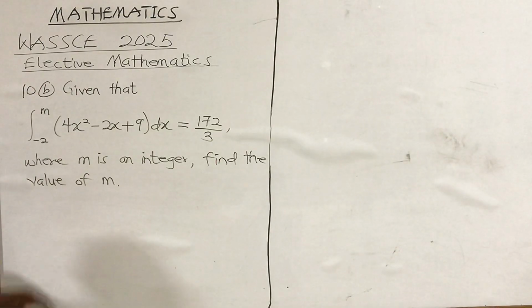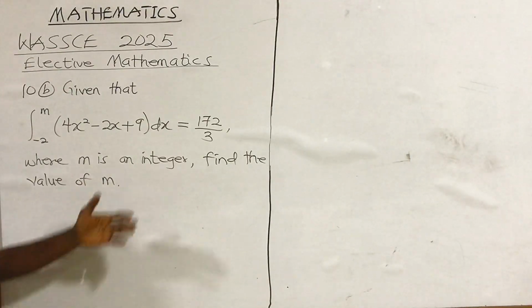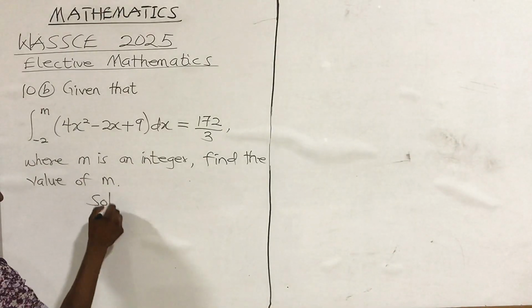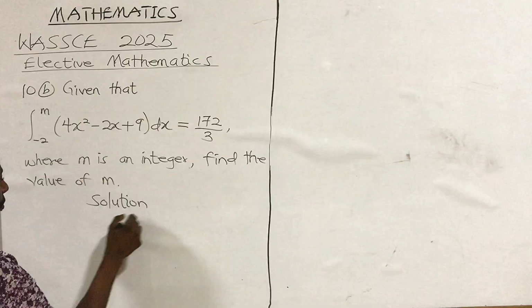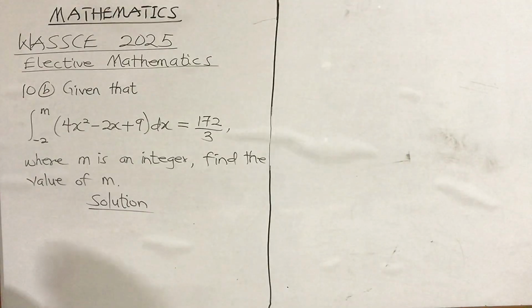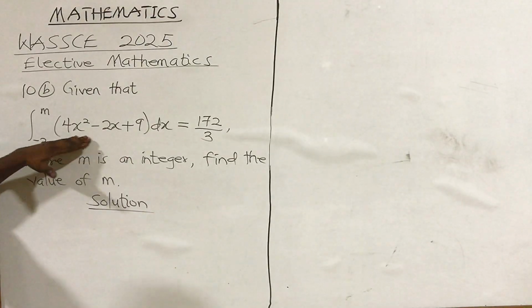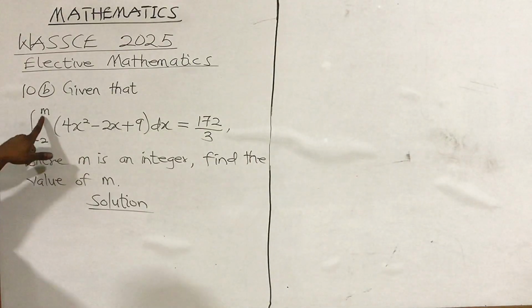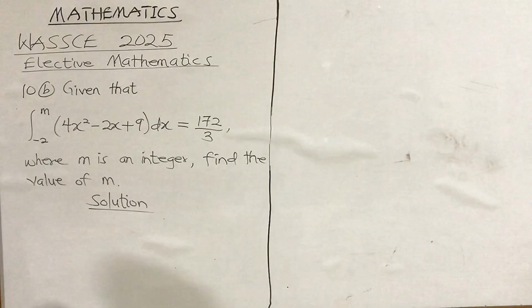So from here, we are going to evaluate this. Then after that, we make substitution and get the value of m. So let's start. We are going to integrate the function straight away because we have the lower limit as well as the upper limit.